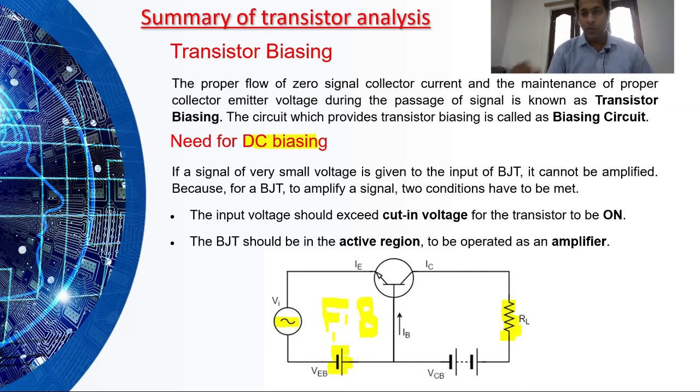But what if the value is very small? This is an NPN transistor. The emitter is N side, the base is P side, and again the collector is N side. P is connected to the positive side, and N is connected to the negative side.